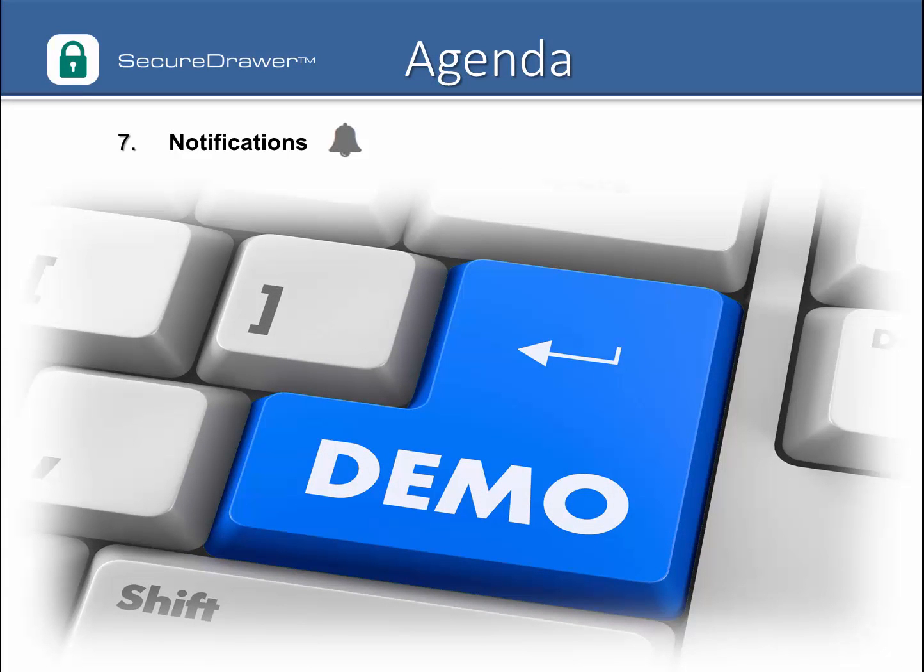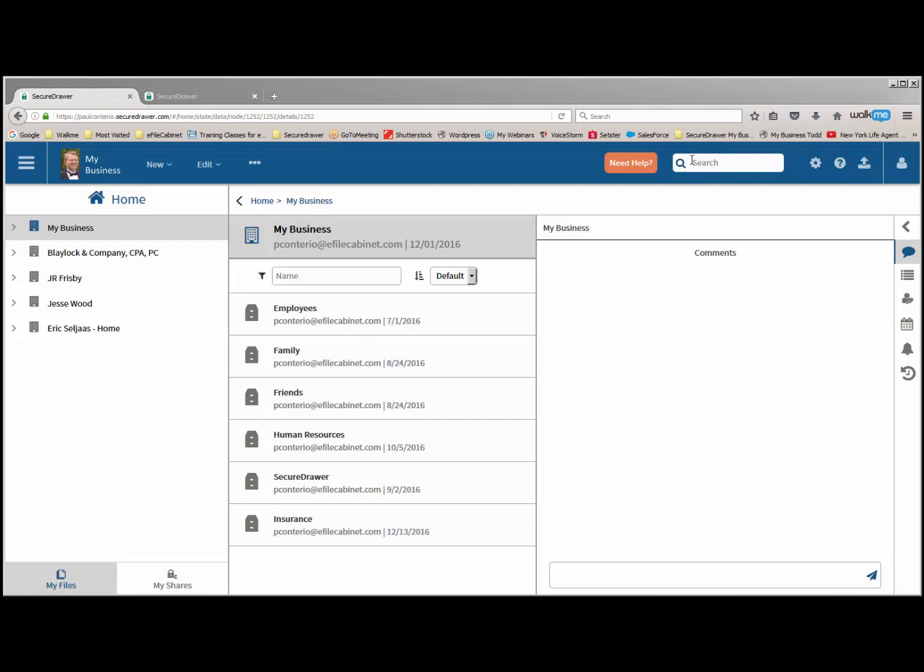Notifications. This allows guest users and users to be notified by email whenever a file in SecureDrawer is either uploaded, downloaded, or deleted. Let's take a look. Back in SecureDrawer, I'm going to search for one of my pretend clients, Pablo.